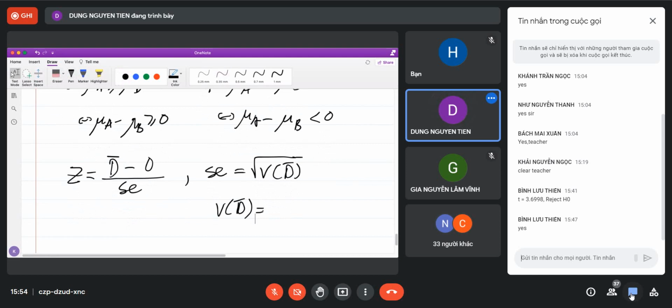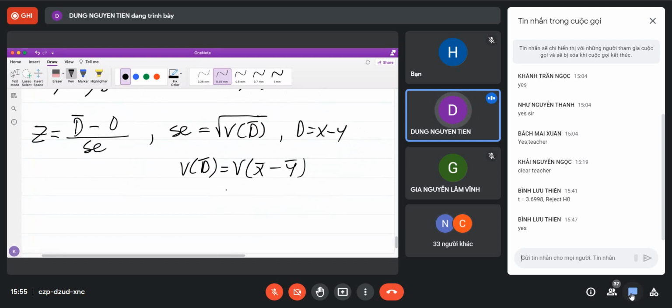The variance of d bar is simply the variance of x bar minus y bar, because d is x minus y. And because x and y are independent, the two samples here are independent, the variance of the difference is the variance of x bar plus the variance of y bar.